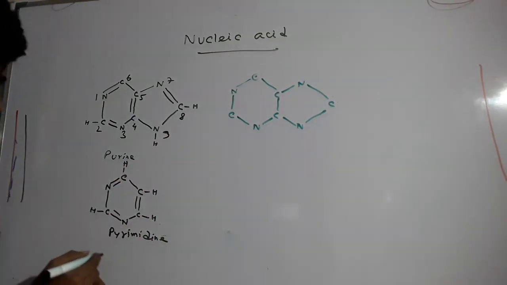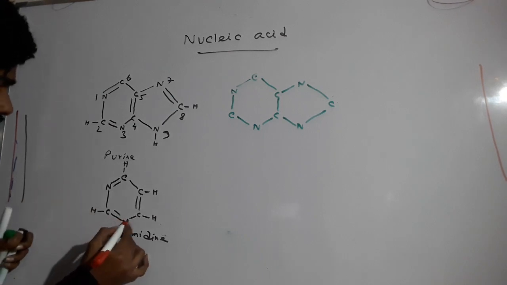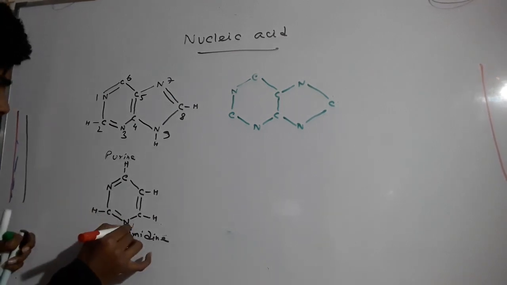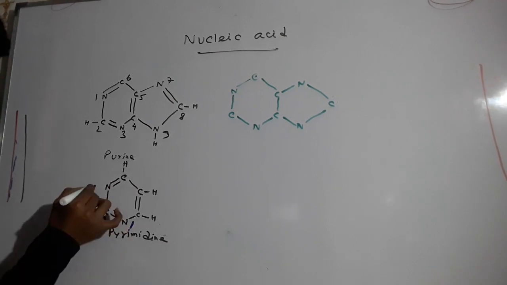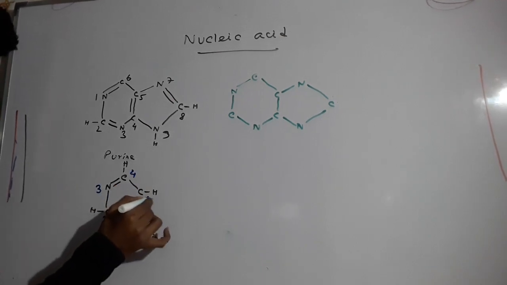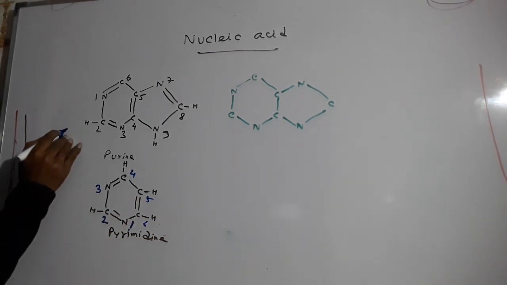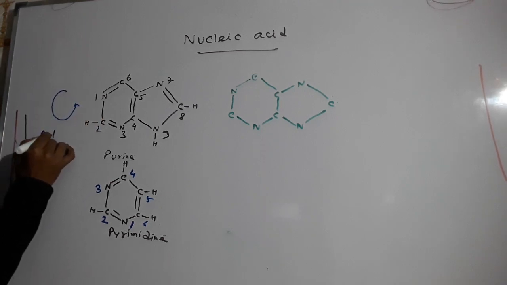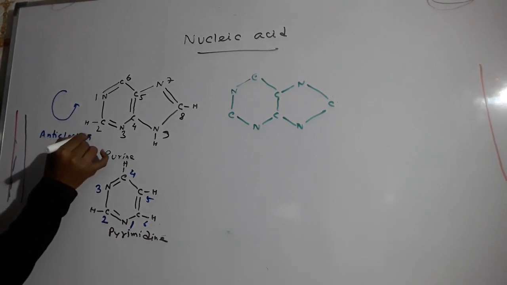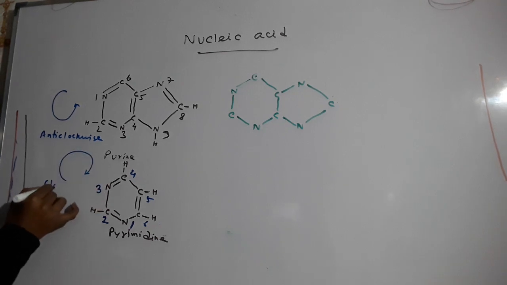In case of pyrimidine, we number from this nitrogen 1, 2, 3, 4, 5, 6. So you see that in purine the numbering goes in this direction, which is anti-clockwise. Here it goes in this direction, which is called clockwise.